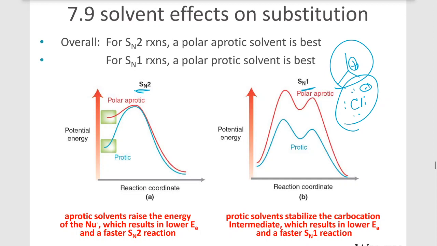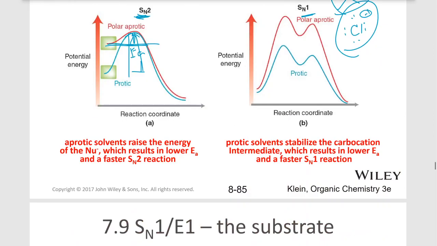And the polar aprotic solvent is better for SN2 because we don't stabilize the nucleophile with that aprotic solvent. We don't form a solvent shell around the nucleophile that's going to raise the energy to break out of that solvent shell for the protic solvent, versus the aprotic solvent would have a smaller activation energy.